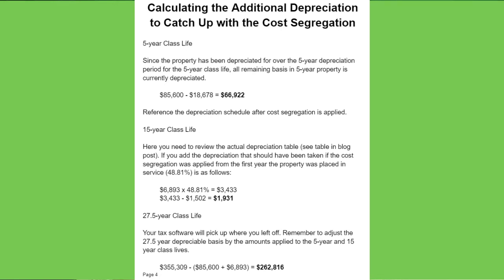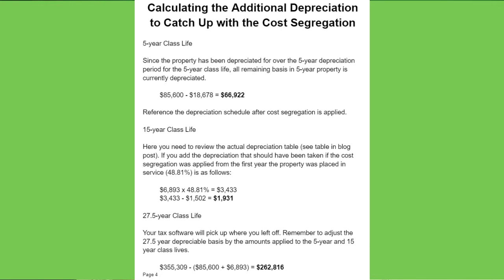So the $85,600, we had to make that adjustment, and we came up with $18,678 of allocated prior depreciation. We subtract that, there's another $66,922. You need to override what your computer is going to automatically want to do, and you're going to put in the $66,922 as the current depreciation, because that is what your deduction for that class life is going to be.